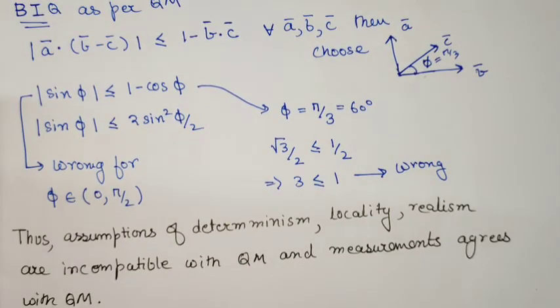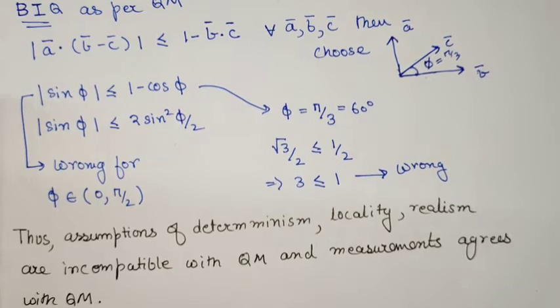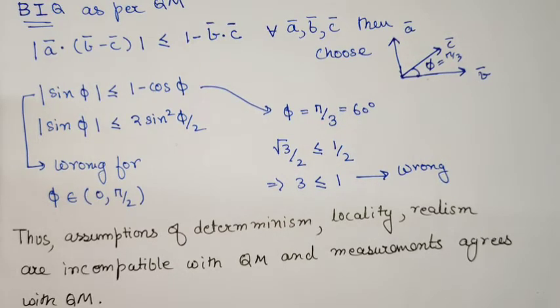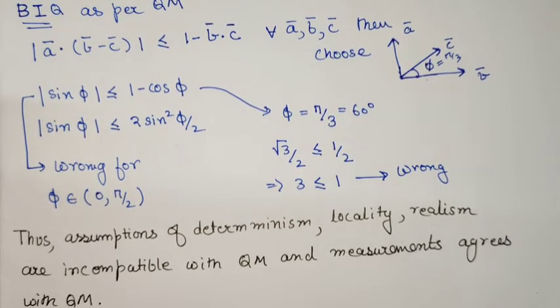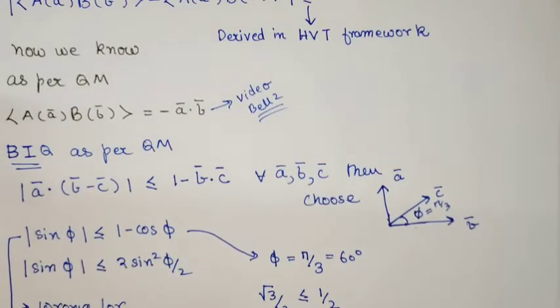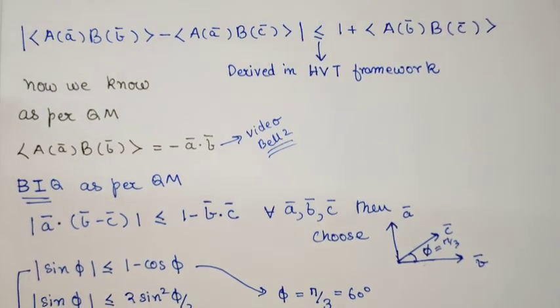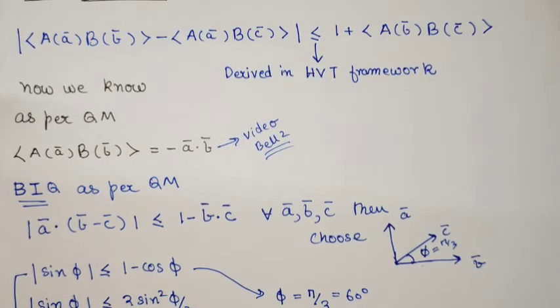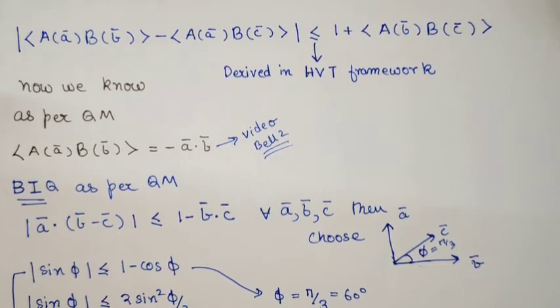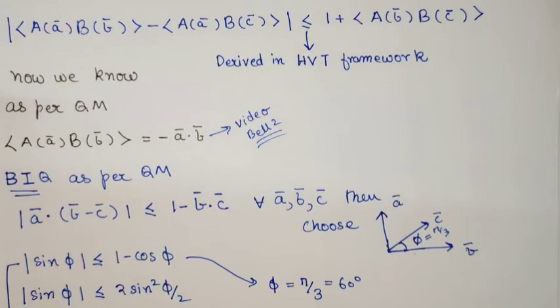And what is true is that the quantum mechanical result that this inequality is violated is actually true, and hence hidden variable theory or hidden variable formalism actually doesn't hold. So that means the underlying notion of reality and locality as per EPR doesn't hold.